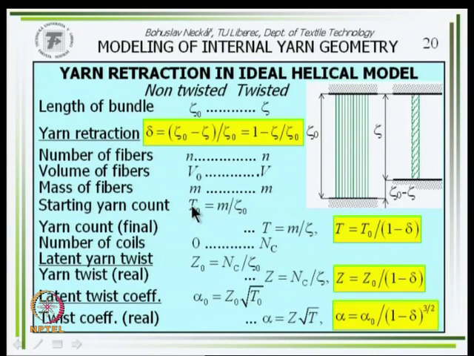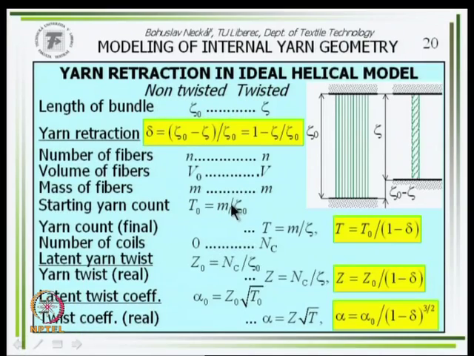A starting count, or fineness, of the parallel fiber bundle is mass by length. Mass is m, length is zeta 0. So starting yarn count T0 is m by zeta 0, isn't it?